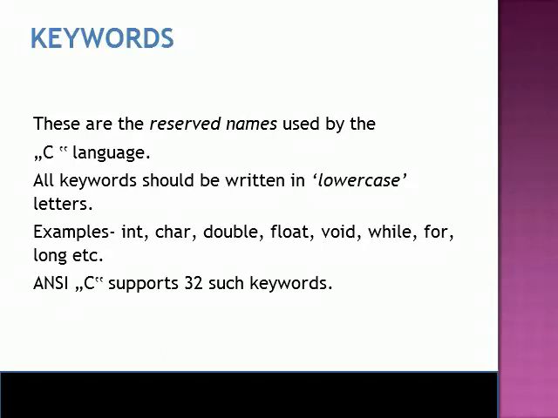As we know, there are some reserved names that we use in the C language. These are called keywords. All keywords should be written in lowercase letters. For example, int, char, double, float, void, while, for, etc.